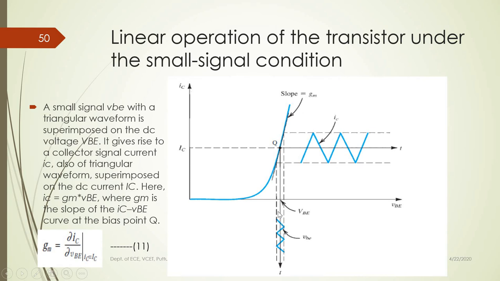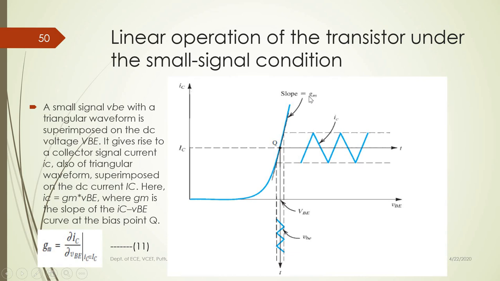You can see here this vbe is superimposed on this VBE to provide the collector current, also in triangular form, and this collector current is again superimposed on the DC collector current IC at the Q point. So this is the Q point, and this slope represents gm.